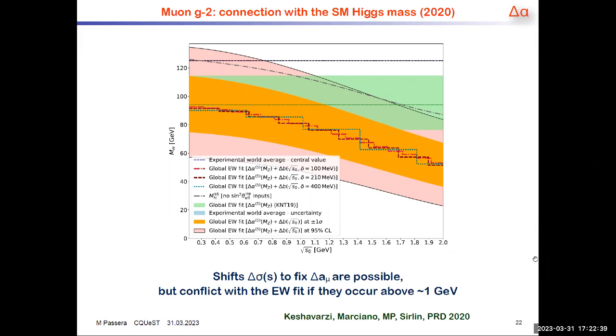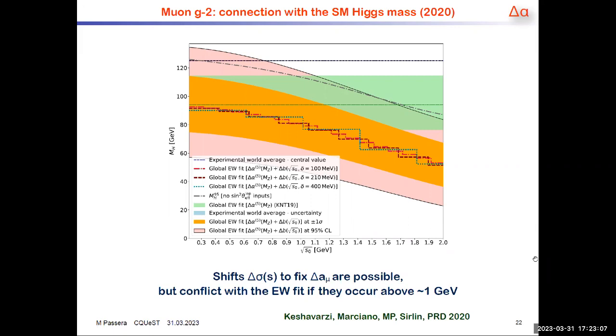So as you see, if you look at the plot, it is 0.7, roughly. If you change the cross-section above 0.7 GeV, then the upper bound at 95% confidence level goes below the Higgs mass. So you start to have a tension. So roughly speaking, now 0.7 is at 95% confidence level.